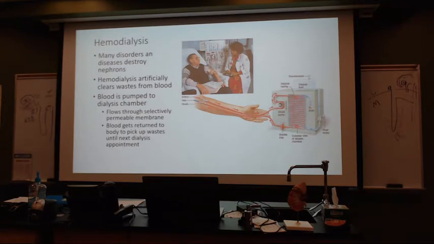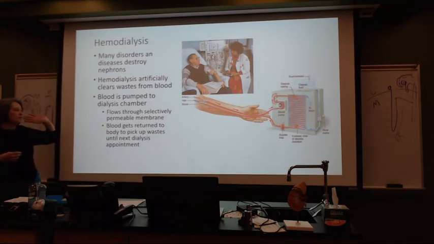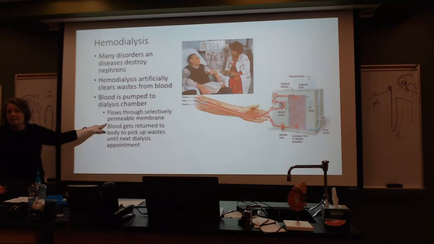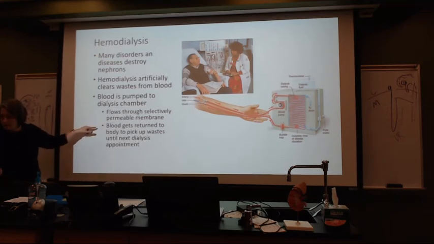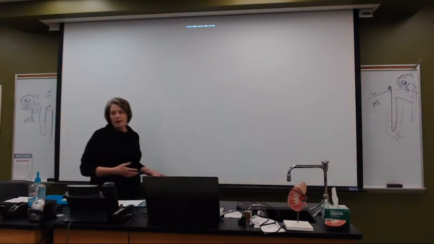Sometimes it can end up where they are hooked up to a machine at home and it's through their peritoneum, okay, they have to constantly be hooked up to a machine that's emptying somewhere, usually into the toilet. So the goal is to pass that blood through a selectively permeable membrane that's acting like the cells of the body, clearing it and returning clean blood to the body.